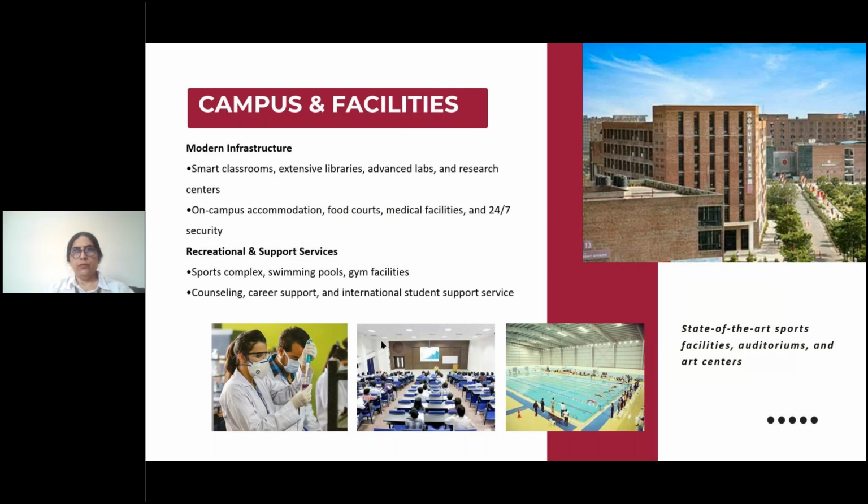We are also working on the holistic development of our students, and for that we have counseling and career and sports cells. We provide international student support services, and we are also working on the growth of students in curricular as well as extra-curricular activities. And we have multiple sports complexes. Everyone knows that our students did wonders in the Olympics.